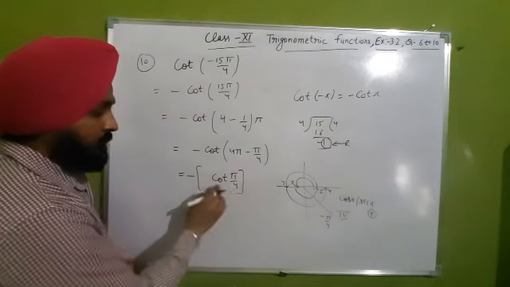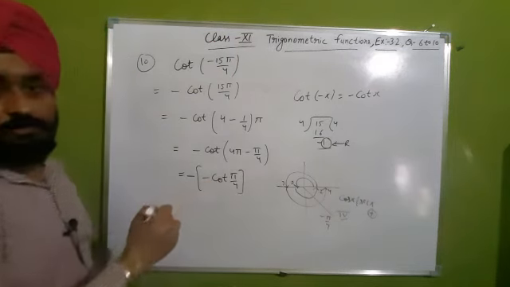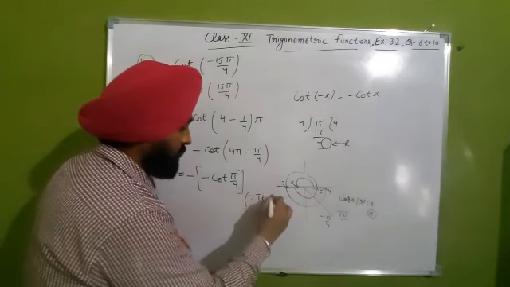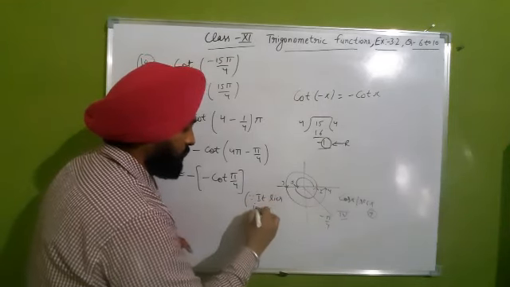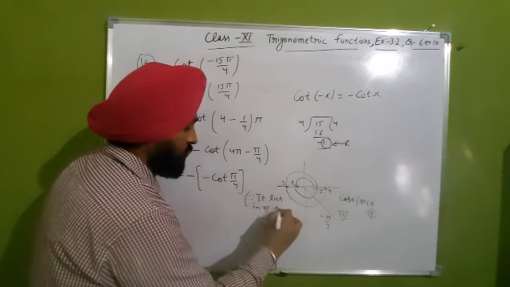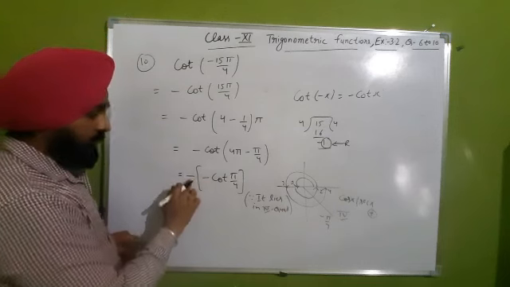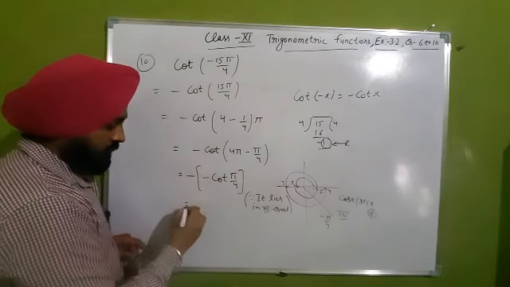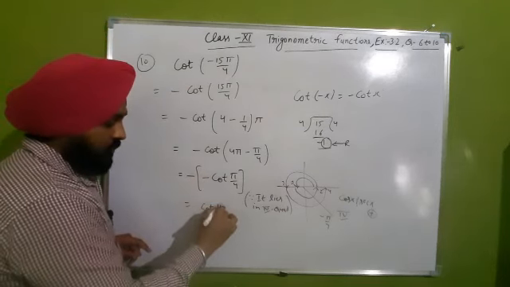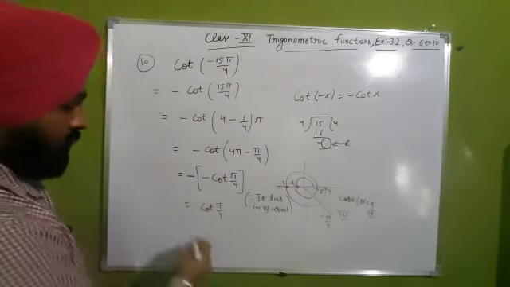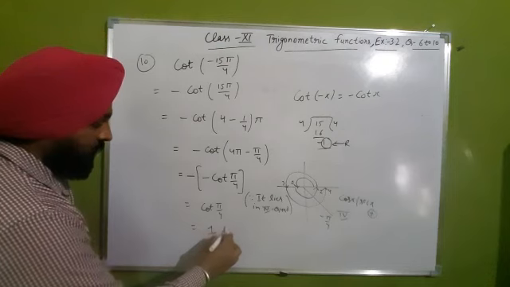So this cot pi by 4 will be negative there. Clear? Because it lies in the fourth quadrant, that's why it is negative there. But negative is already outside. Negative gives you positive cot pi by 4. Positive cot pi by 4 means the answer is 1 there.